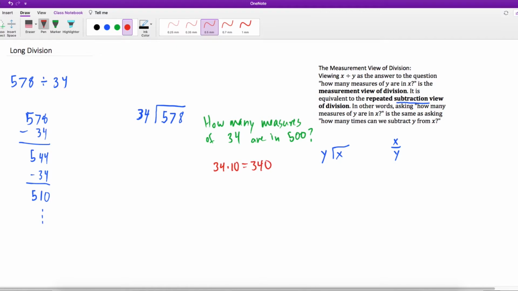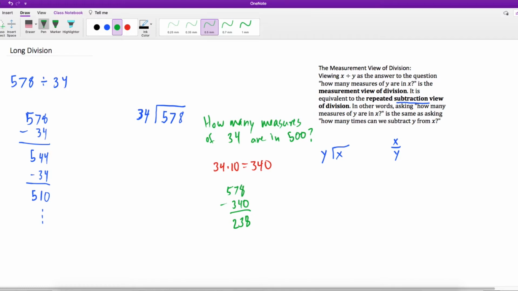Now, after that, we're not going to be able to fit in another 10. We can see that even if we take 578 instead of 500, and get 238, 238 is less than 340.